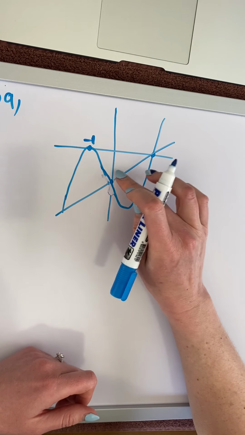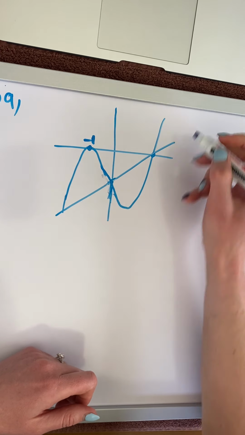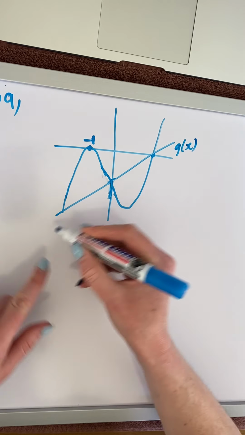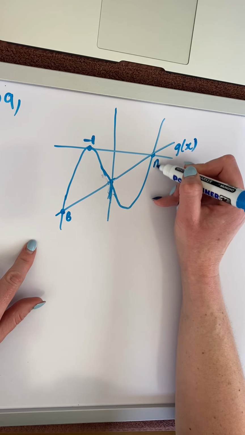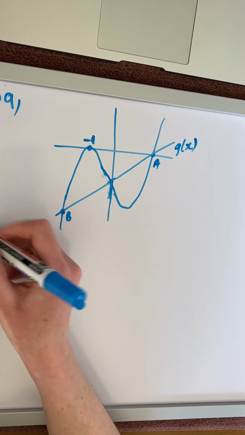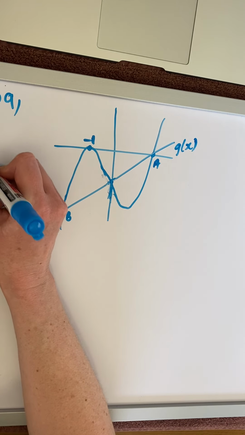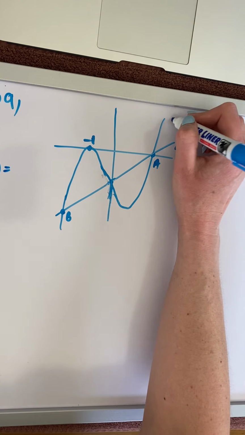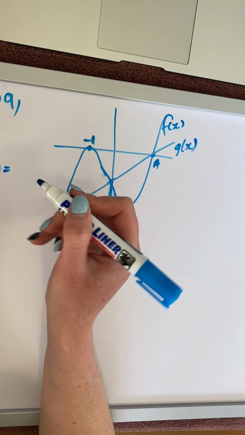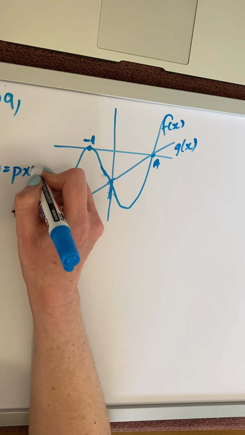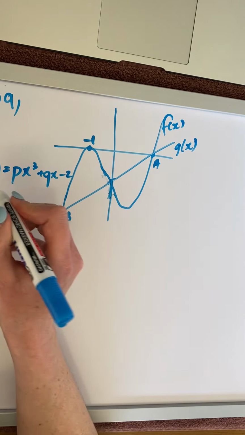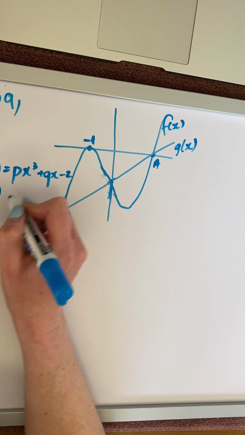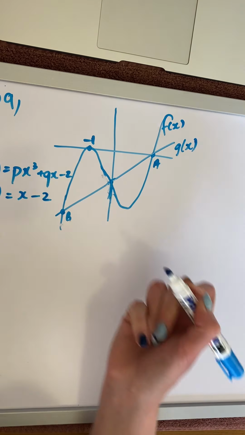Tidy up my diagram there. So we're also given a linear function g(x) that intersects the cubic function at the points B and A. So we are told that our cubic function f(x), which is this one here, is px cubed plus qx minus 2, and our linear function g(x) is x minus 2.